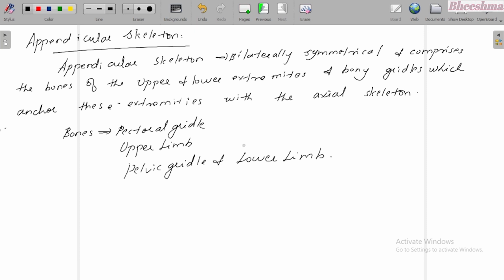Here the pectoral girdle consists of the scapula and clavicle. The bones of the upper limb are the humerus within the arm, and the radius and ulna within the forearm. Next, the carpal bones, the metacarpals and the phalanges within the hand.